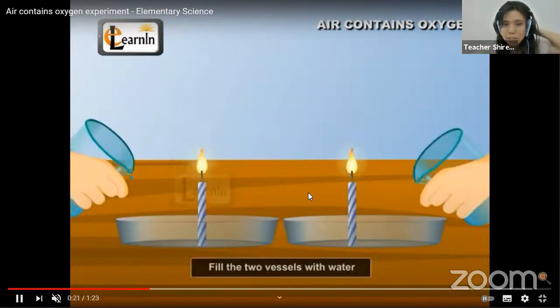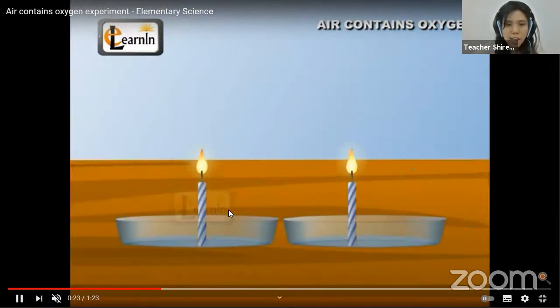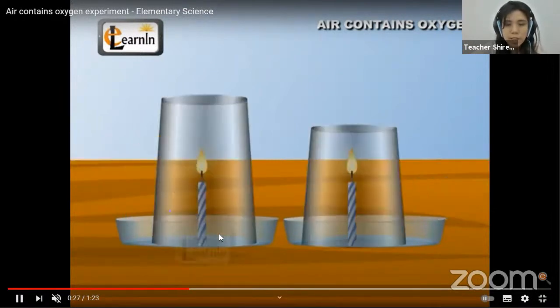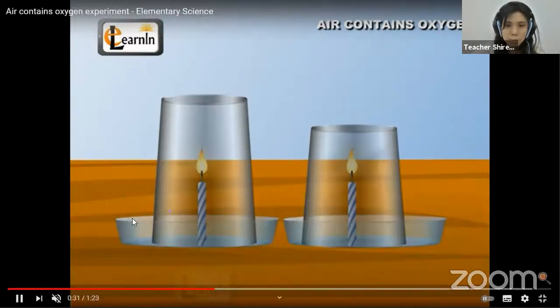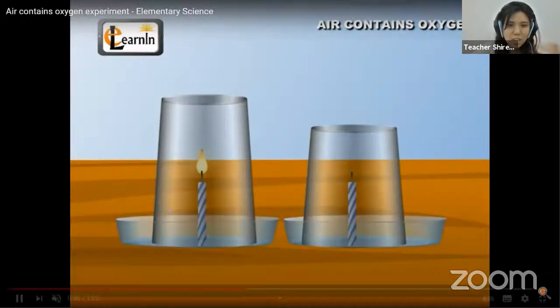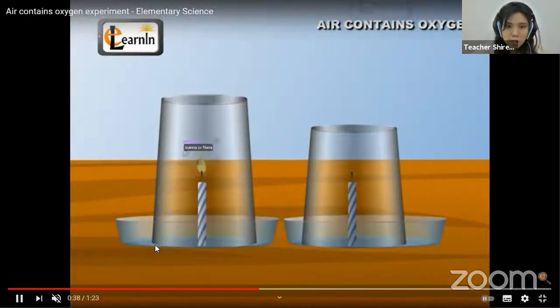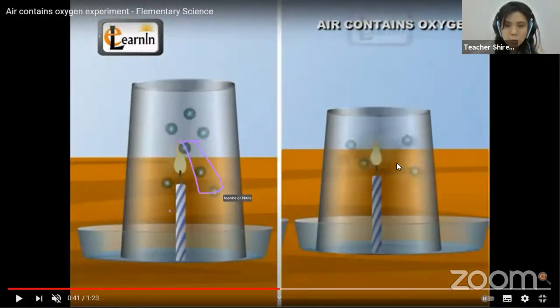So now you want to do an experiment on how you know that it is 21%. Can it be 70% oxygen? How do you know it's 21%? I do this experiment because we know air occupies space. When we do it with the water, you see the small one will extinguish first compared to the big one.